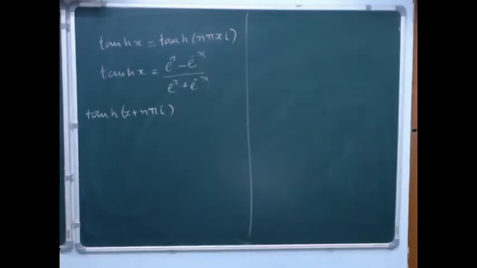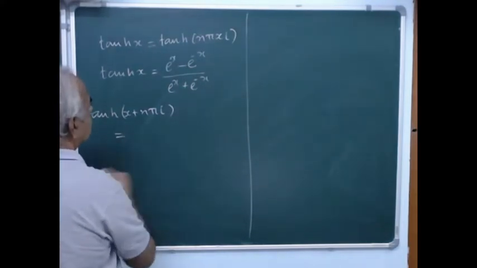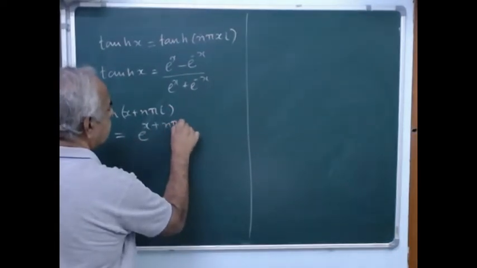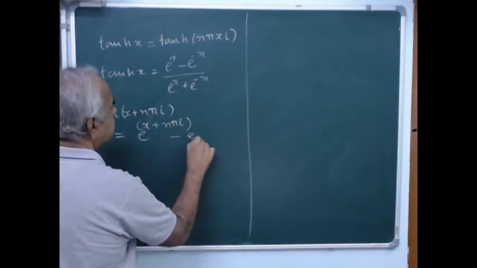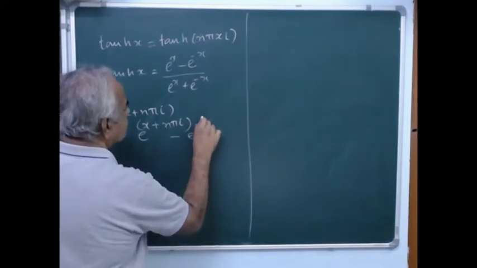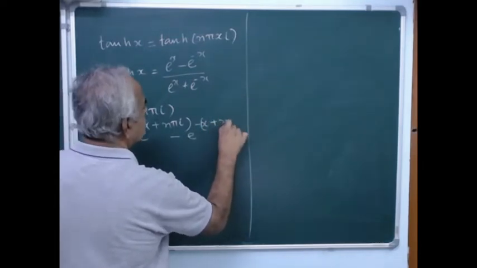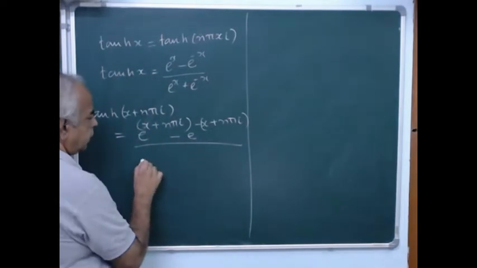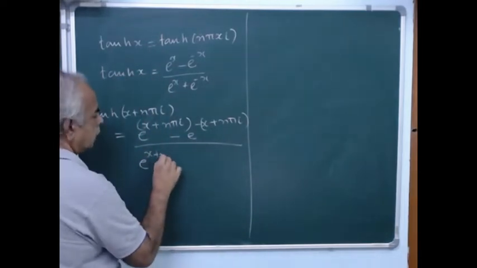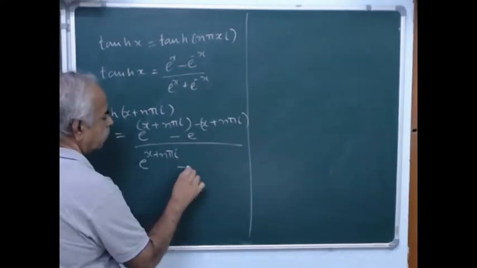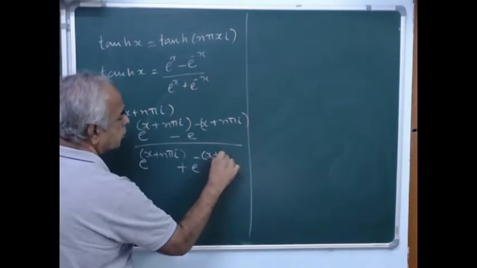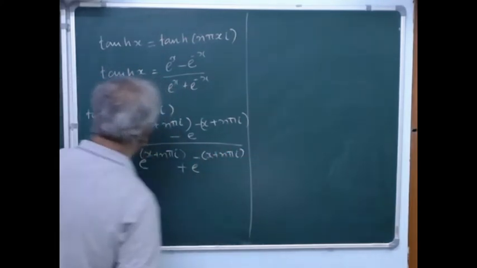So here we have e power x plus n pi i minus e power minus of x plus n pi i whole divided by e power x plus n pi i plus e power minus of x plus n pi i, right?